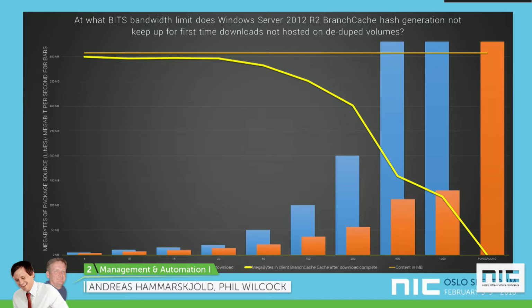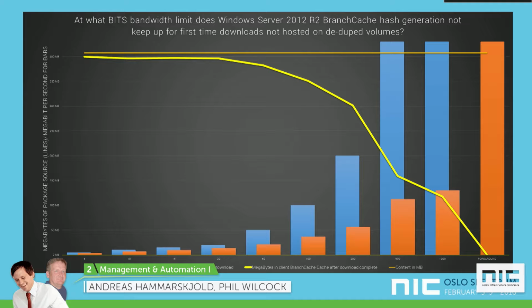I think the orange is the actual and the blue is the policy. So if you set a policy to get data very fast, the server is not going to have enough time to calculate the hashes, and the client's going to say, the server is not really feeding me, so I'm just going to download the data and do my own thing.